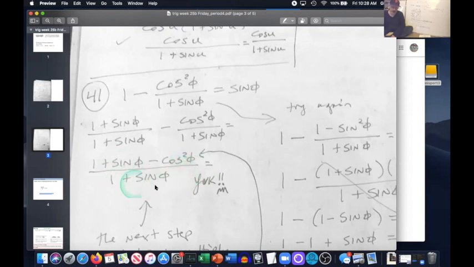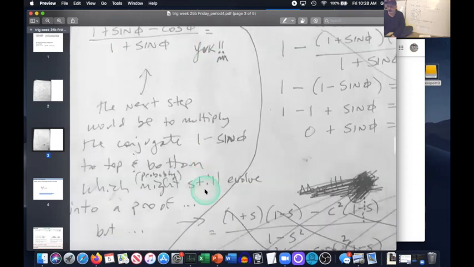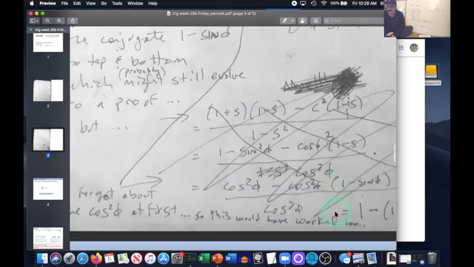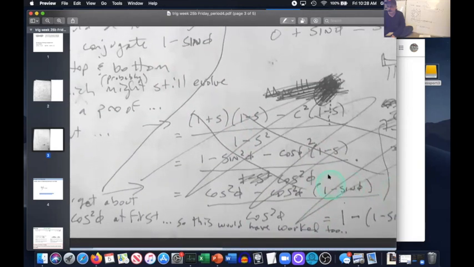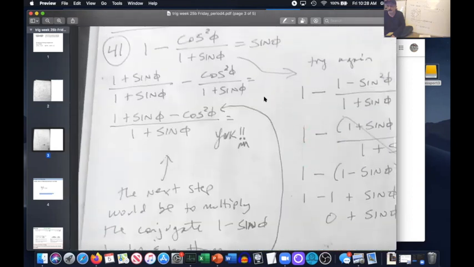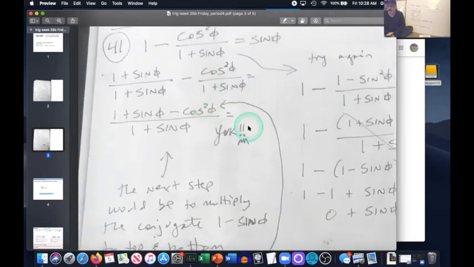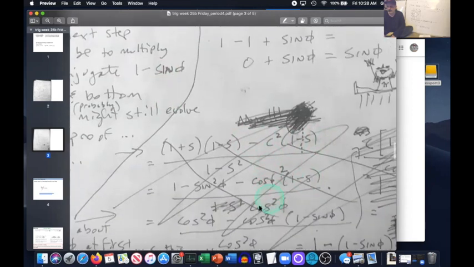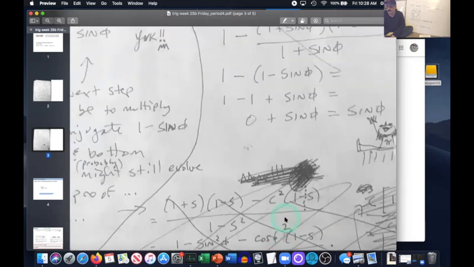What you could do is multiply top and bottom by the conjugate of the denominator, right? And that actually did work out, and I kind of showed that here. Originally, I goofed up because I forgot to put cosine squared here. I forgot that was cosine squared. But you could multiply top and bottom by 1 minus sine, and if you want to see, that actually works out. It just takes a little longer.